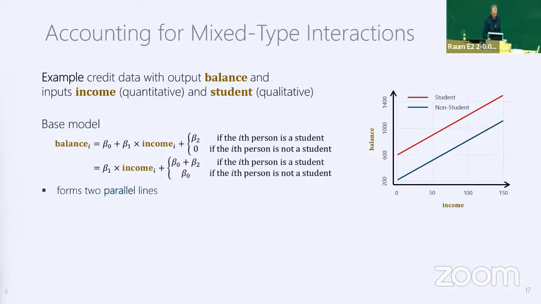So for example, here we want to predict the balance on somebody's credit card. And we regress this on income on the one hand, that's the one variable, and the other one is somebody a student, yes or no? Most students typically make less money than somebody who's not a student, right? Unless they're not a student yet, but those people we ignore here.